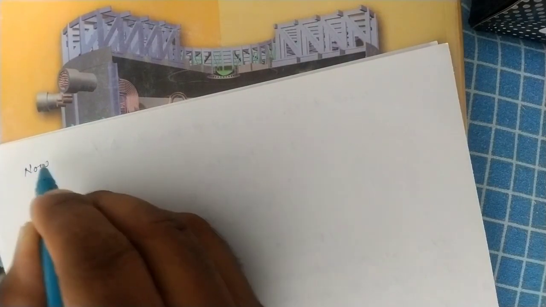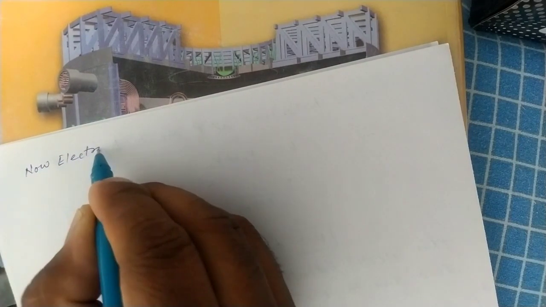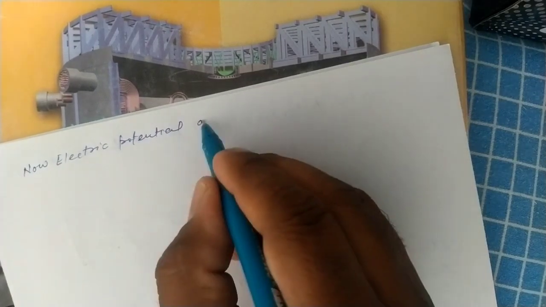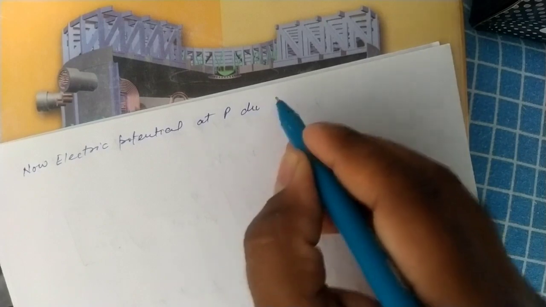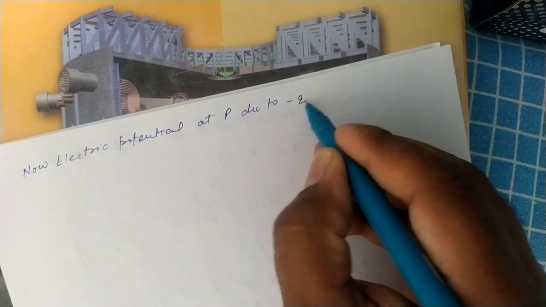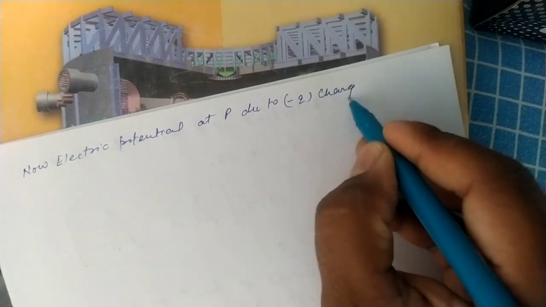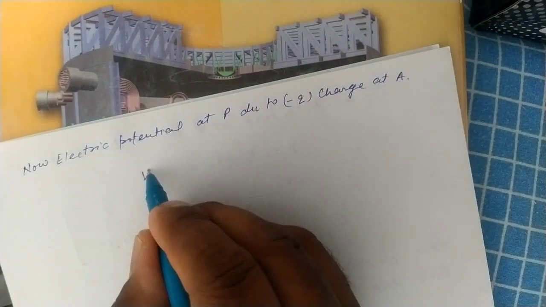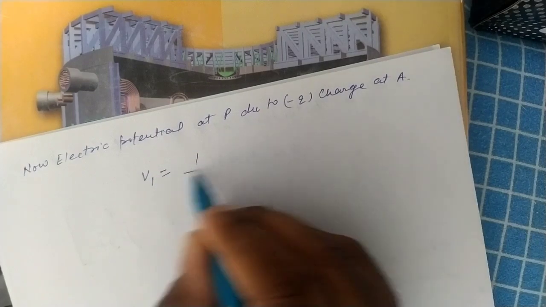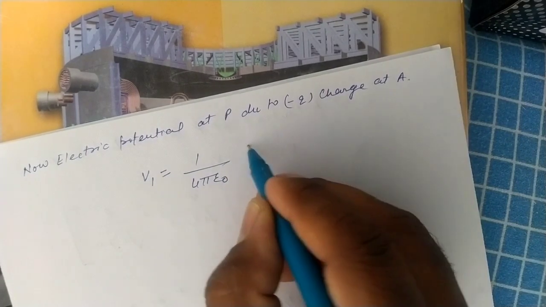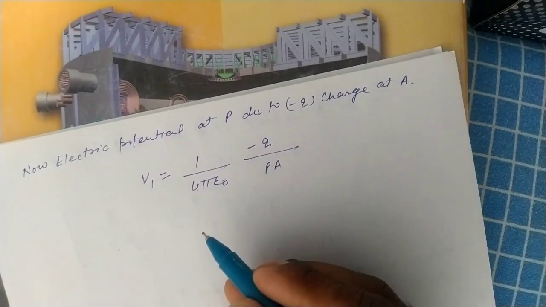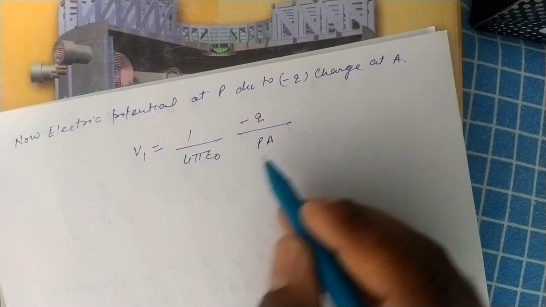Now the electric potential at point P due to minus Q charge at A is V1, equal to 1 upon 4 pi epsilon naught, minus Q divided by PA, and we also find out the value of PA.